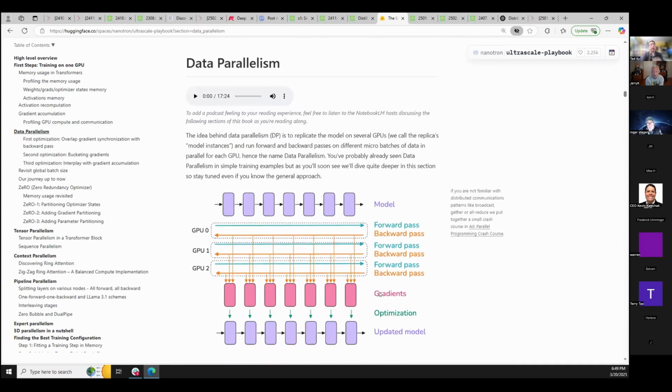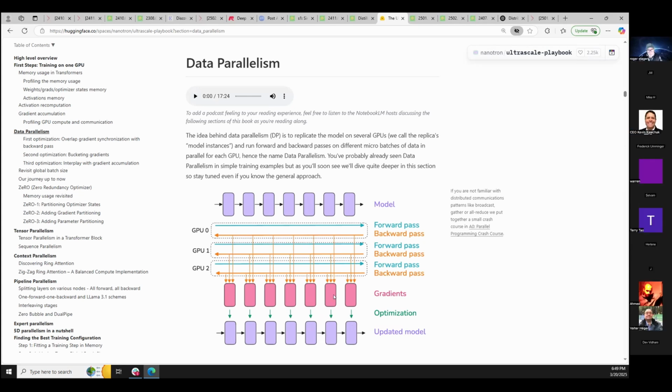Data parallelism, in the sense that what you can do is, if you have three GPUs, you can have three copies of your model, and you can run data through all of them in parallel. And at some point, they need to communicate with each other such that you get the overall gradient from all the data that was sent to all the GPUs, and then your optimizer can do an update.